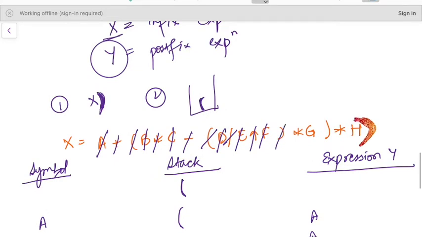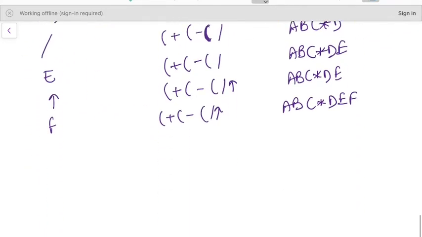And then closing parenthesis. The game becomes interesting here. Listen carefully. Whenever there is a closing parenthesis or brace, we go to the stack and we see which is the last opening parenthesis we have. So we have this parenthesis, the last opening parenthesis. So we pop every element out of the stack.